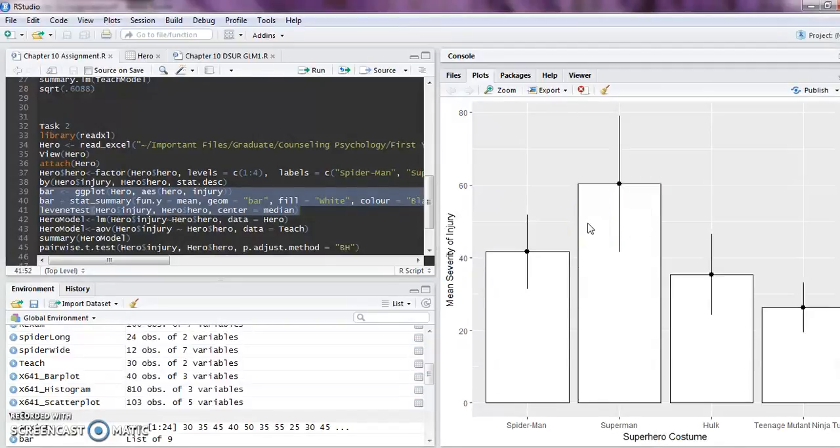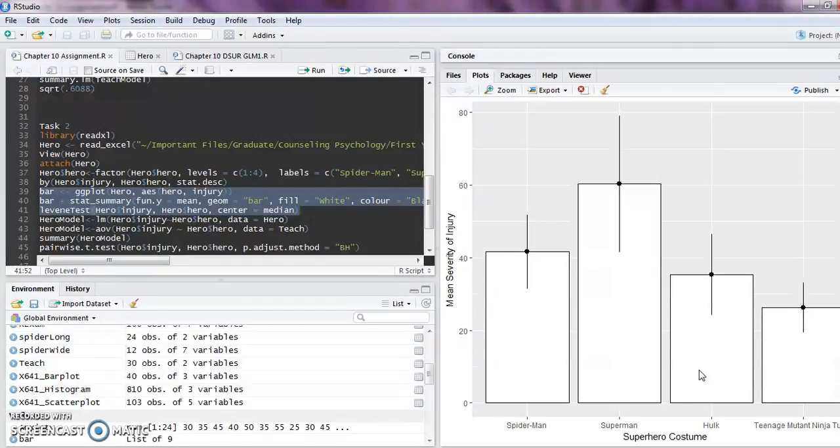So what we see here, looking at Superman, the severity of injuries with kids in the Superman costume is significantly different from the other, well, not other data sets, but these 3 here. So that's kind of cool and upsetting to know.